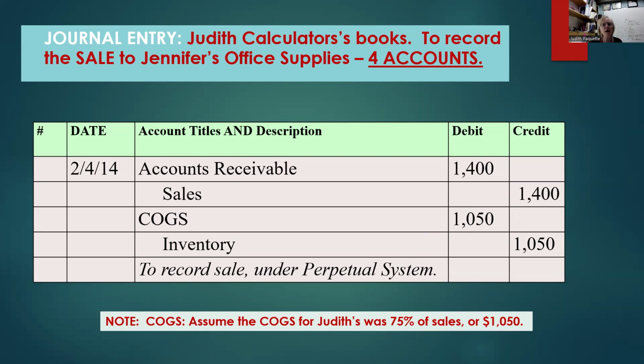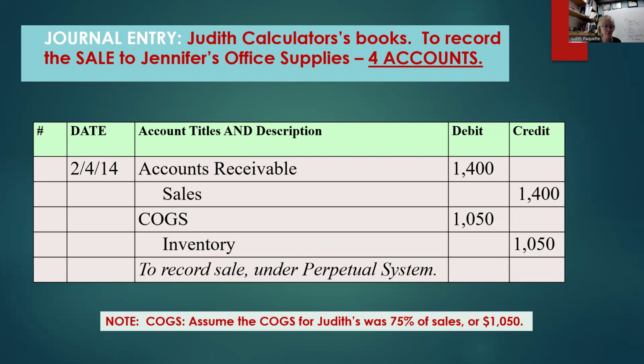They might say the gross margin percent is 25%. Remember, gross margin is the difference between net sales and cost of goods sold. So if you know gross margin is 25%, you can calculate cost of goods sold. Sales is 100%, gross margin is 25%, therefore cost of goods sold is 75%.